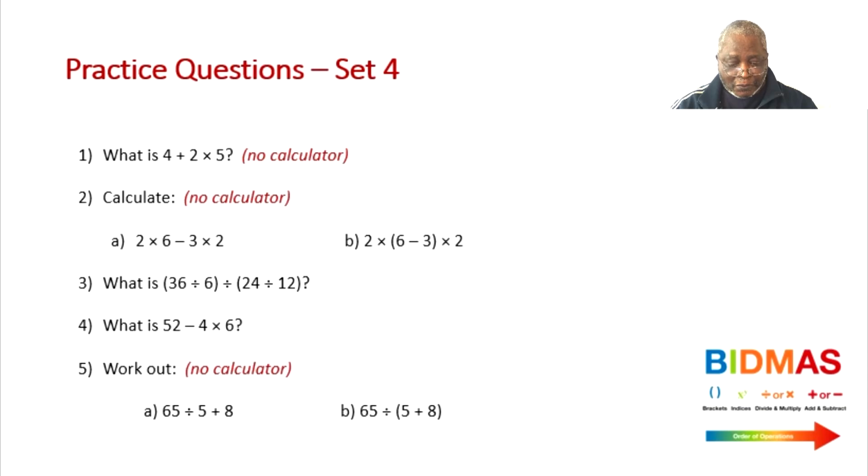Question 4. What is 52 minus 4 times 6? Question 5. Work out A. 65 divided by 5 divided by 8. And B, 5b, what is 65 divided by open brackets 5 plus 8 close brackets?